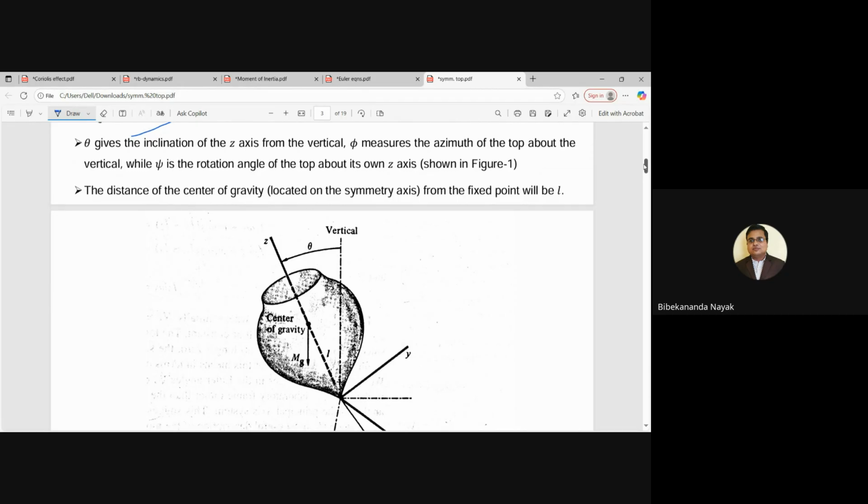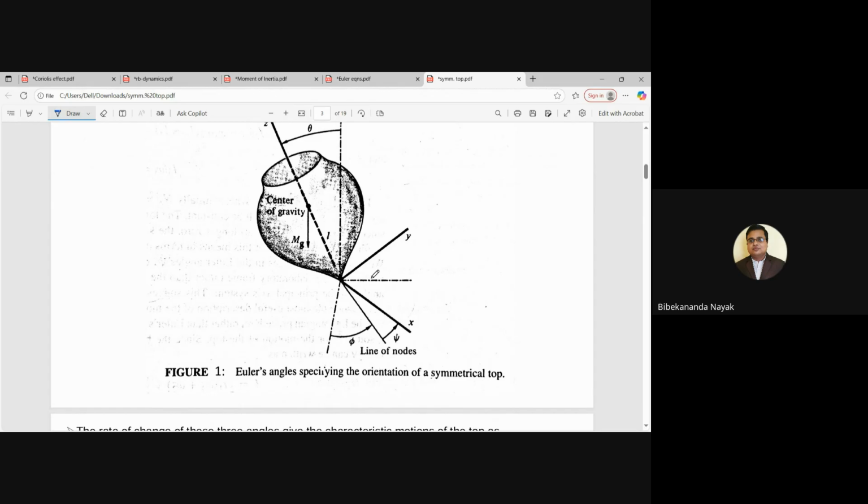If you compare the distance of the center of gravity from the fixed point, it will be L. Let this be the fixed point and the center of gravity distance is L. So what is the vertical distance?